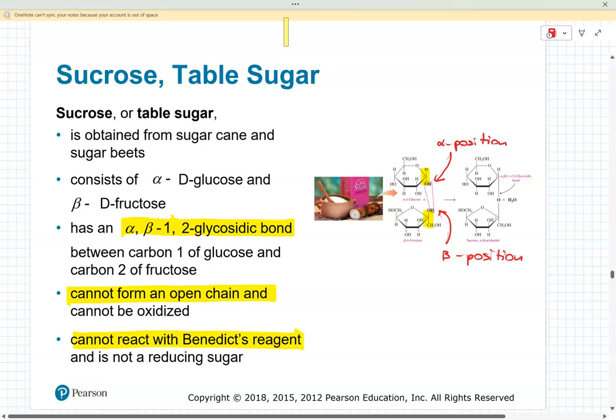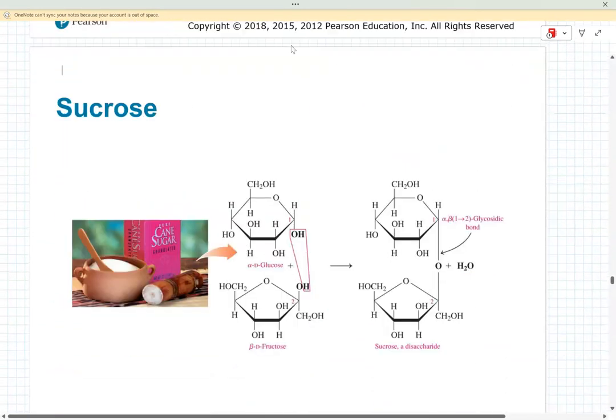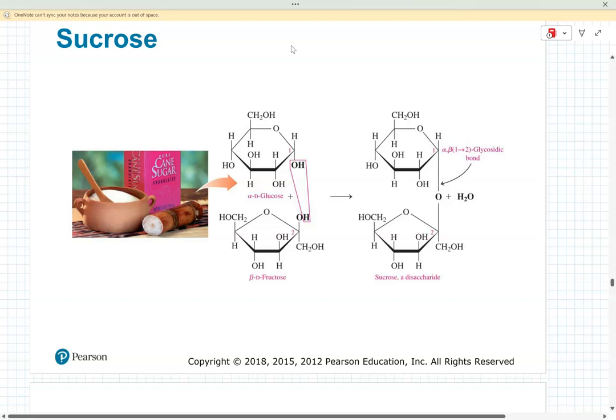So this is one way to distinguish sucrose from either lactose or maltose. Okay, so that's the sucrose formation. Alpha 1, beta 2, so you end up with an alpha beta 1,2 glycosidic bond.